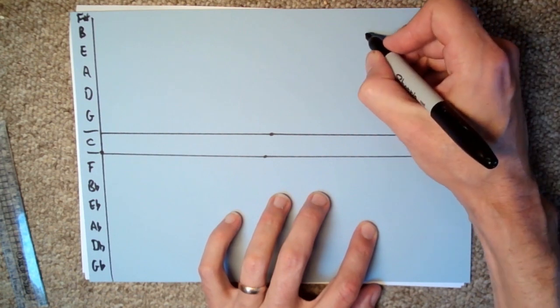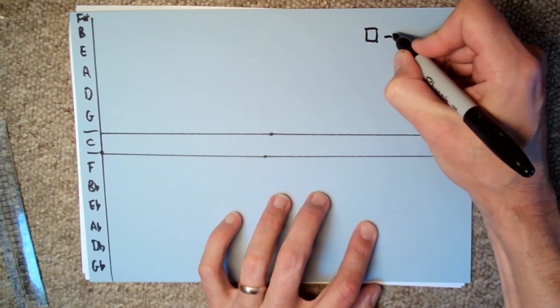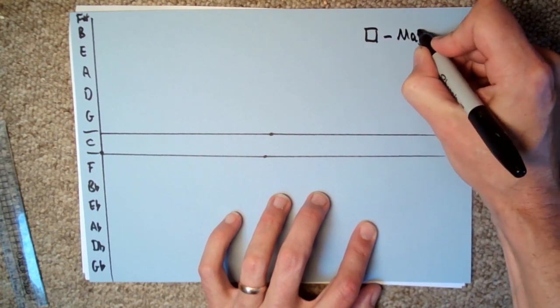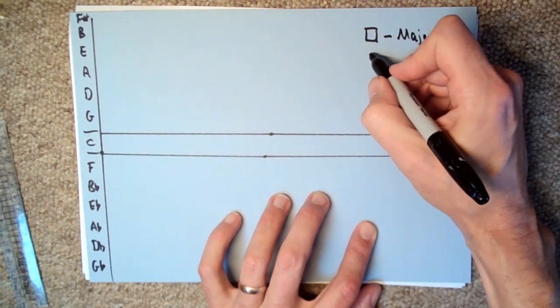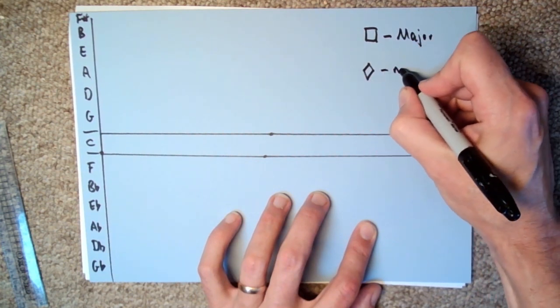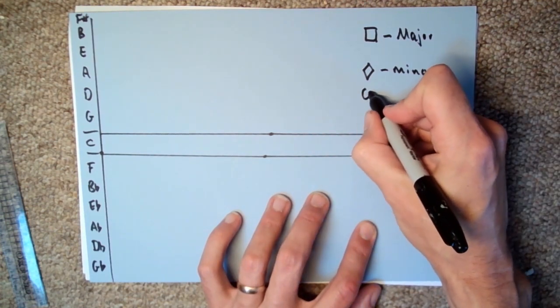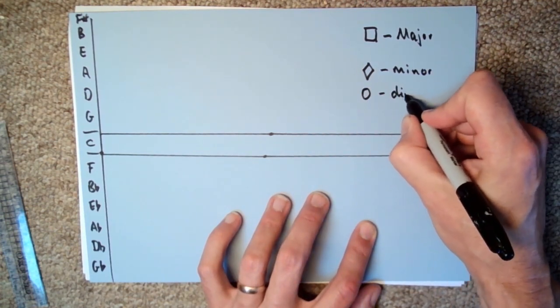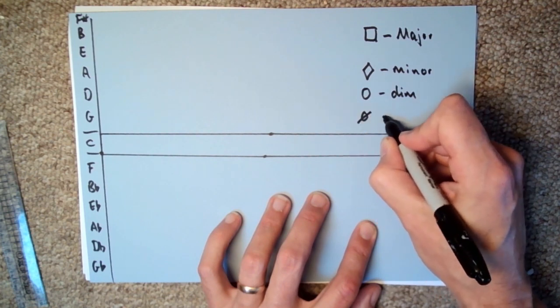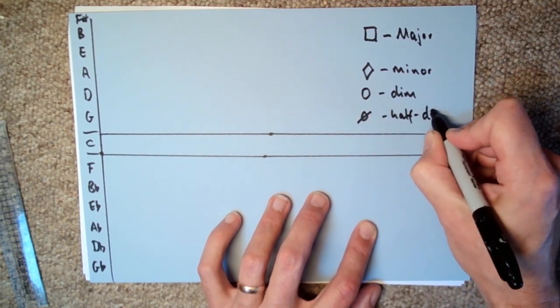I had a bunch of symbols that I can't remember if I came up with them at the start, but I used a square for a major chord. I used a diamond for a minor chord, and then the standard notation for diminished and half diminished, like that.